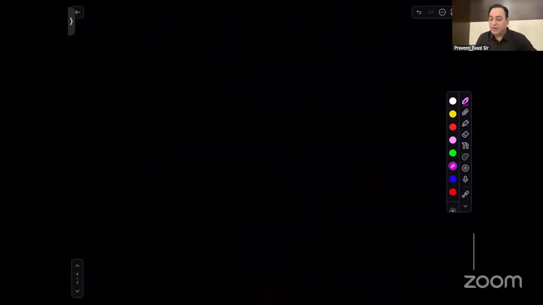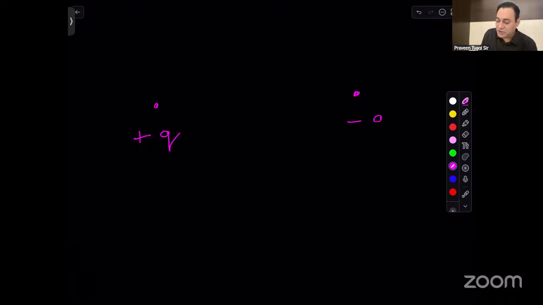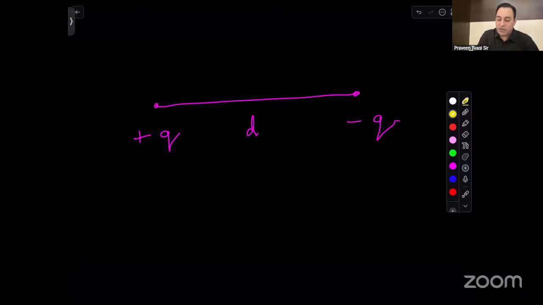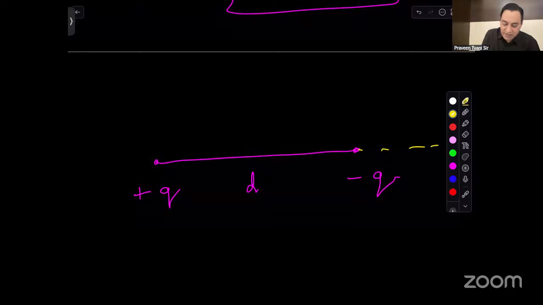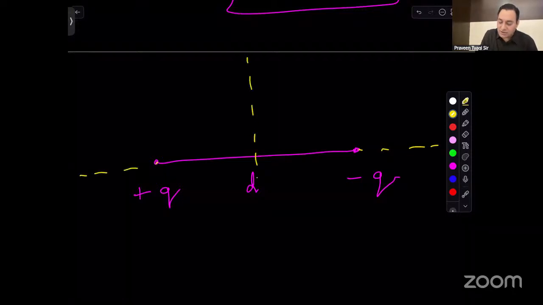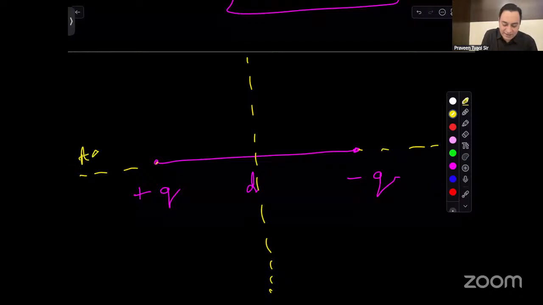And quickly now, we also did dipole. You have a charge Q, a charge minus Q placed at a small distance from each other, and say that distance is d. And then this is called a dipole. You can find the electric field intensity at any point on this line is called the axis, and this is called the equator.